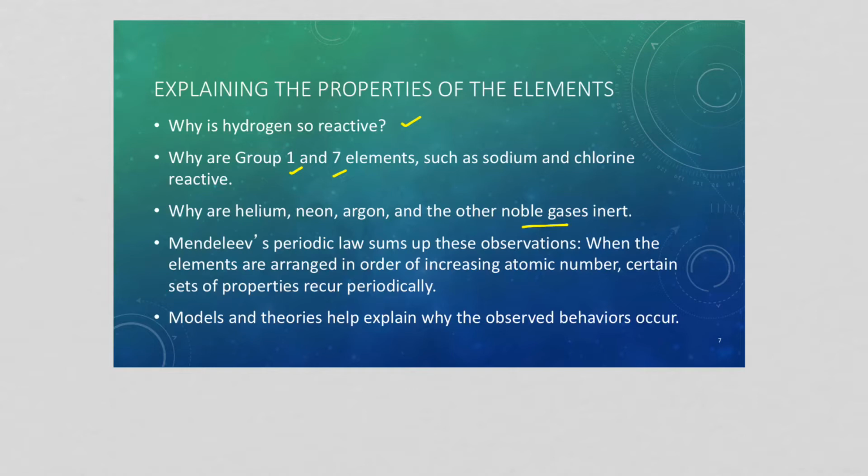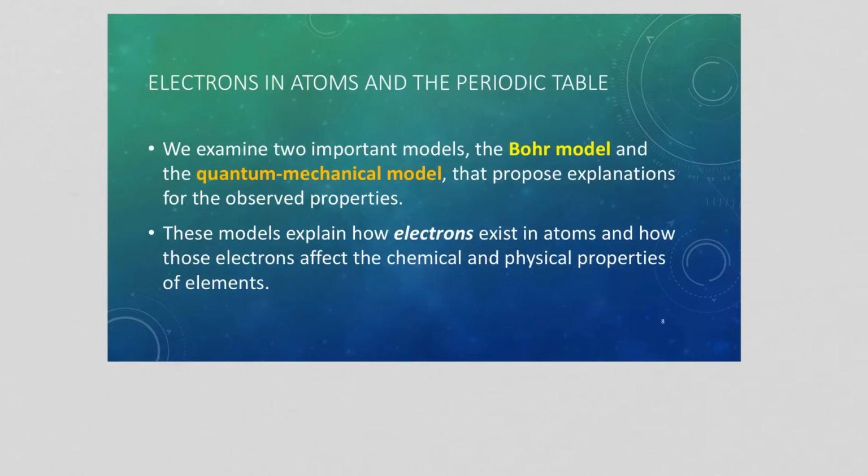Well, some models and theories will help us explain why this observed behavior occurs. Now, the two theories that we are going to look at, or maybe you want to call them models, are the Bohr model, which was an earlier model, and our more modern model, the quantum mechanical model.